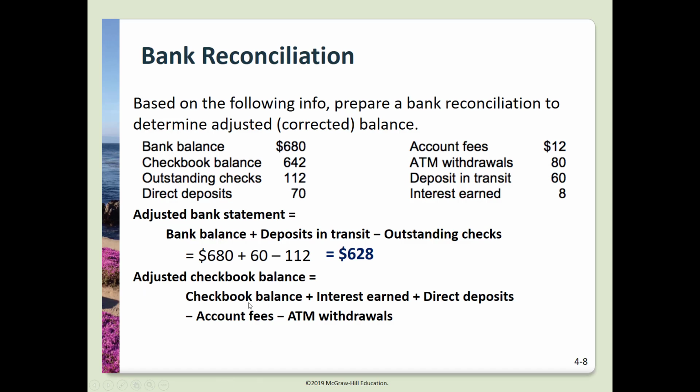So we'll take the checkbook balance plus the interest earned plus our direct deposits minus our account fees and minus any ATM withdrawals. So plugging in all our numbers from the above, we get 642 plus 8 plus 70 minus 12 minus 80 for an adjusted checkbook balance of $628.